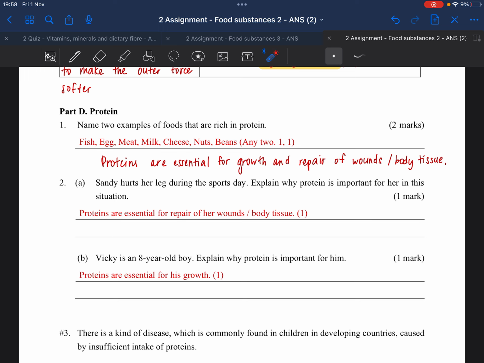However, some of you wrote proteins are essential for growth for part A. Proteins are really essential for growth, but in the case of Sandy, it's not really the use of protein because she needs the protein for the repair of her wounds or body tissue. But in the case of Vicky, we identify that proteins are essential for growth, so this is why the protein is important for him.